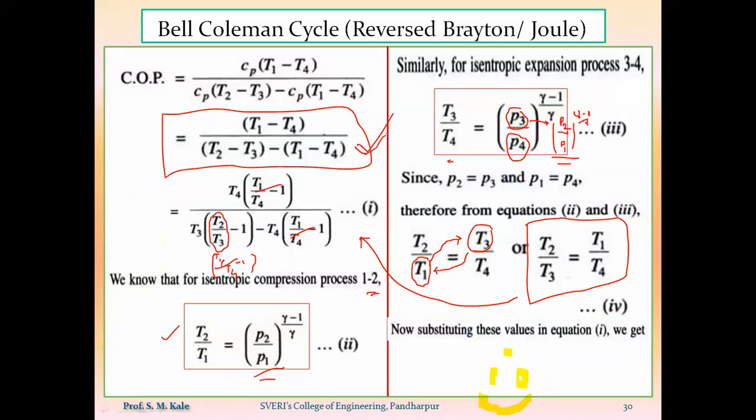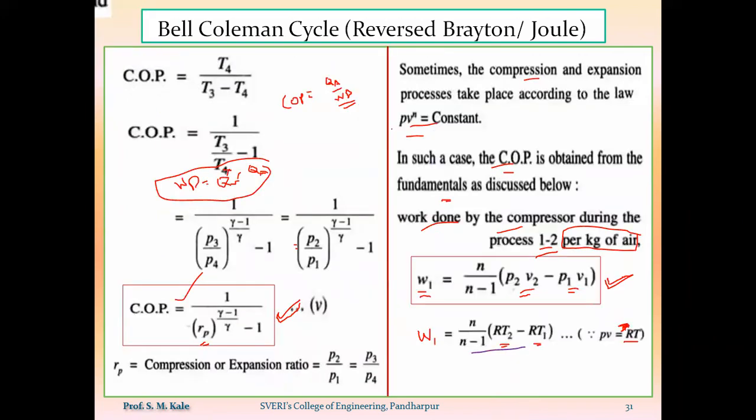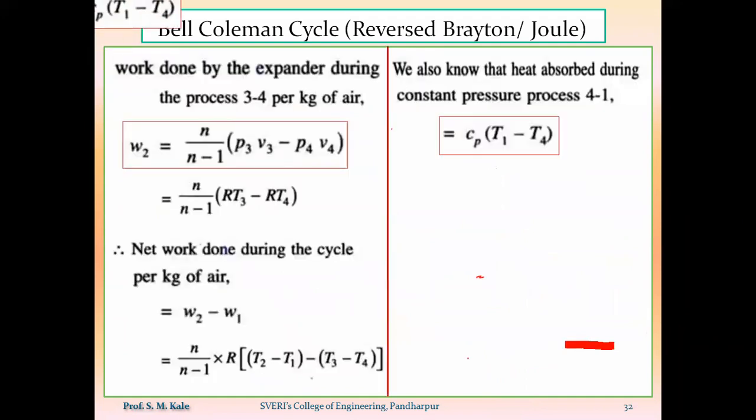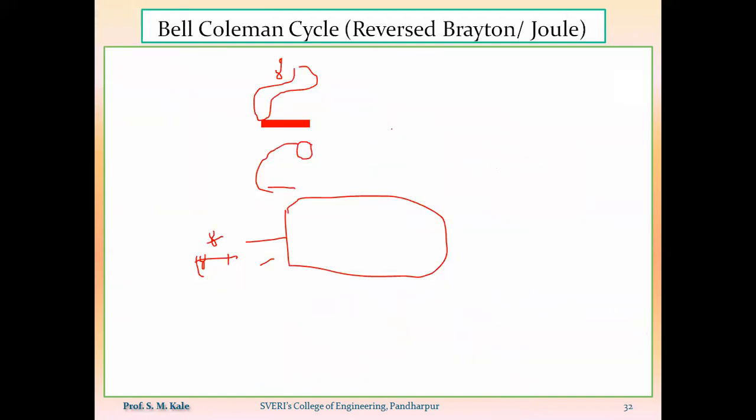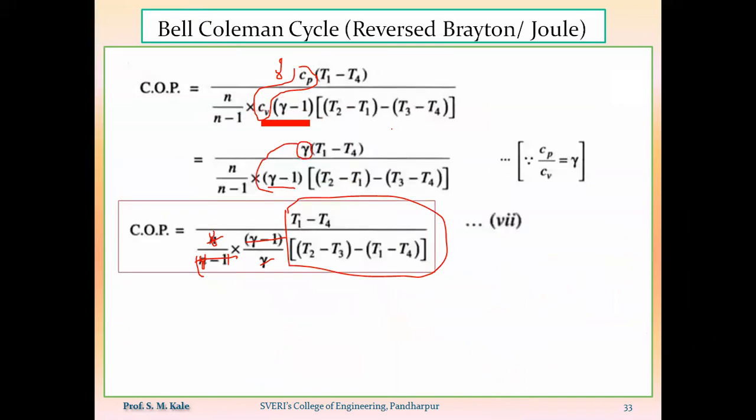Same equation I will get for this location also. T2 minus T3 minus T1 minus T4. Are you getting? Yes or no?